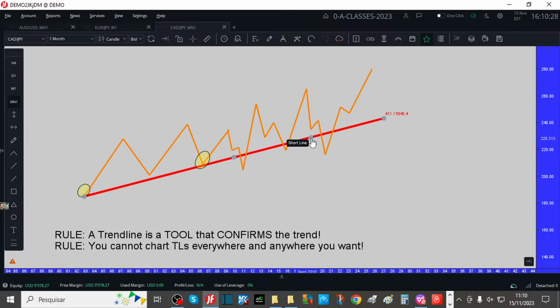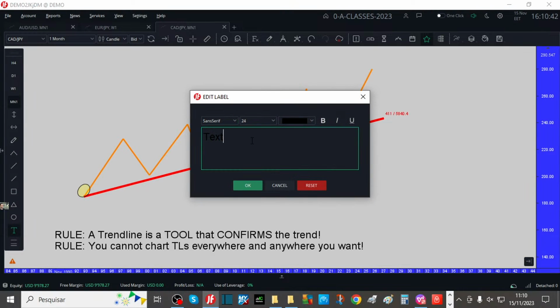Everybody, when this happens, and it is going to happen, you need to readjust the trend line. What does this mean? You need to find the relevant highs and lows.